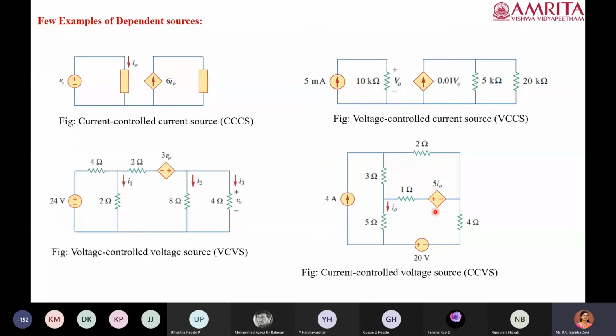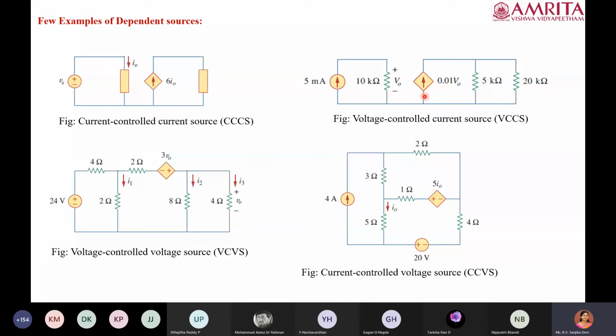The same thing with the previous example: though it is controlled by a voltage, finally it is a current source. If V naught is, say, 100 volt, then 0.01 times 100 will be 1, so it is 1 ampere of current coming out of the source. It has to be understood that way.